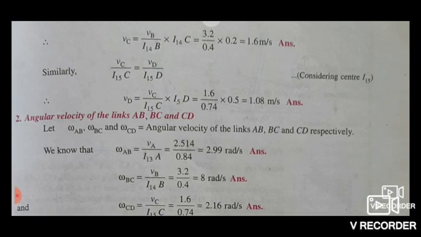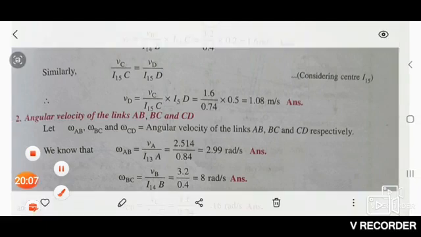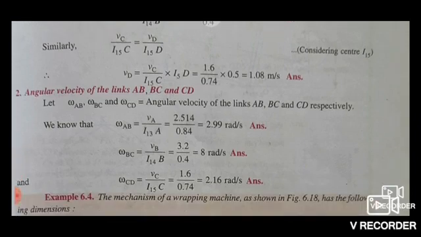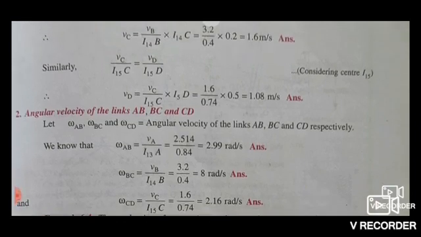Omega BC equals VB by I14B. That comes to 8 radian per second. And omega CD is VC by I15C. So this value comes to 2.16 radian per second. These are the angular velocities of the links AB, BC and CD.